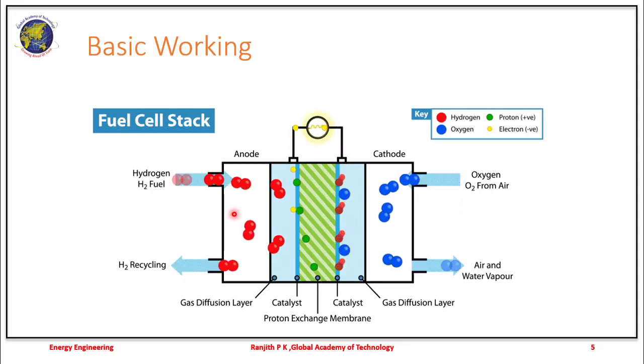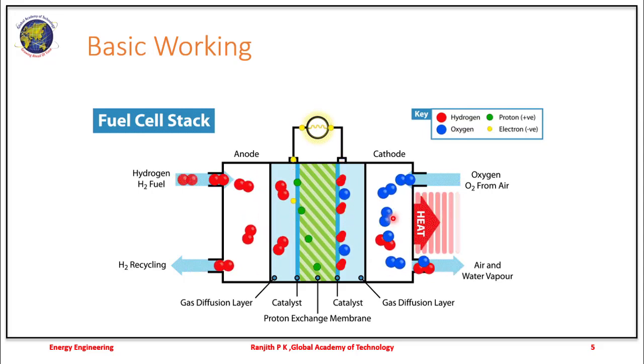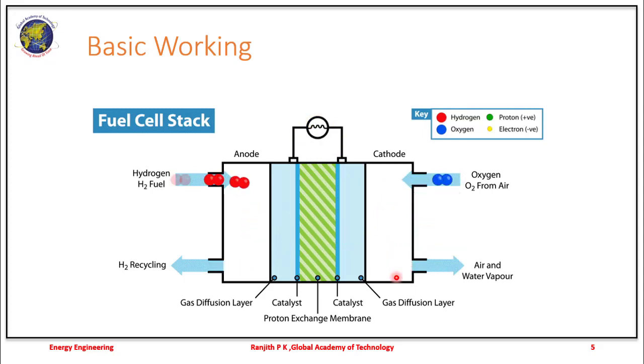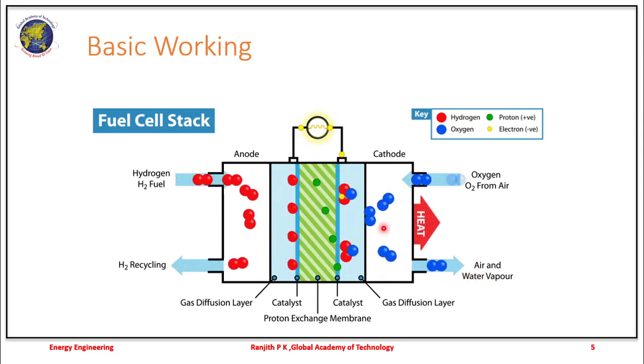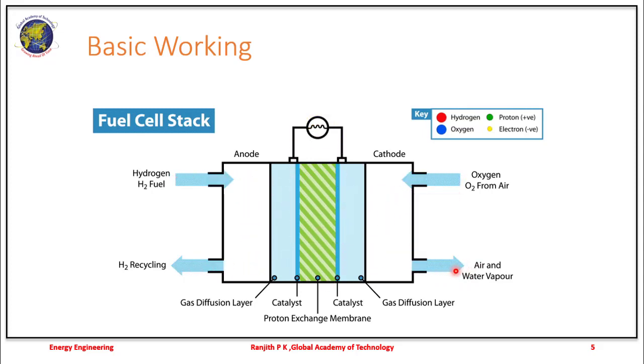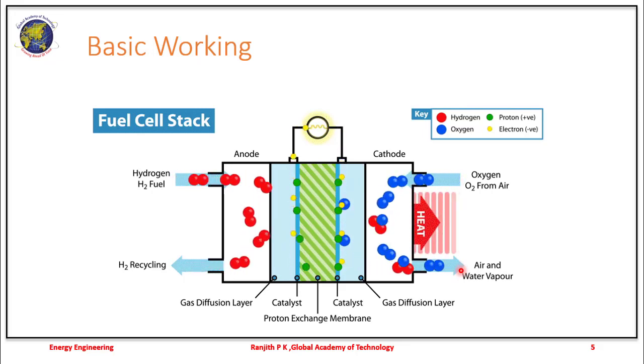These two combine together to produce electric current, and the output of this is heat, and air and water vapor are also the byproducts. The combustion, or the mixing of the fuel, essentially does not give any pollutants. So the output of this fuel cell is pollutant free.